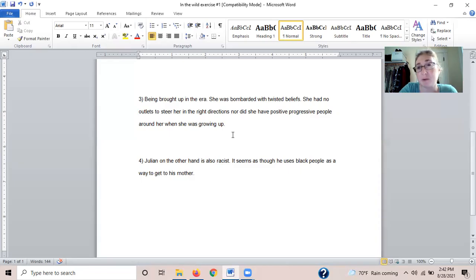And a lot of times when you have fragmentation problems in sentences, it simply means that the other half of the sentence, or sometimes the other two halves of the sentence, are just scattered elsewhere. So look around it. So first of all, being brought up in the era, I want to hear, okay, who is being brought up in the era?